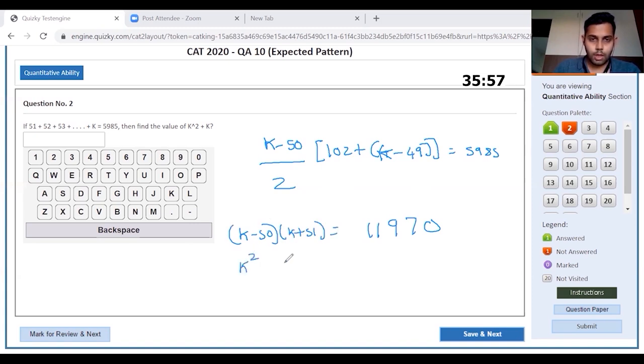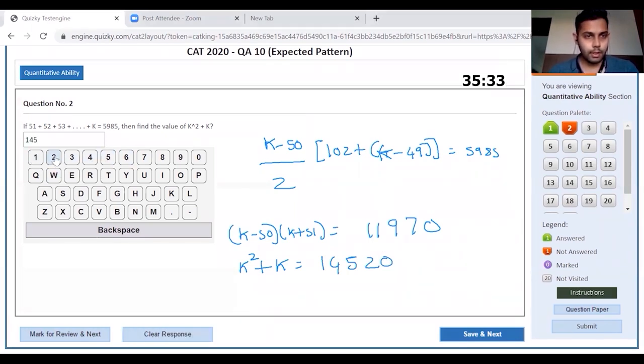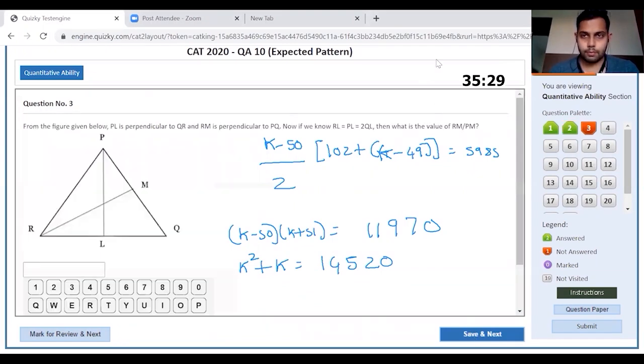So K square plus K will be 50, 2,500 plus 50. So total comes down to 14,520. Okay. So it should be 1,4,5,2,0. Done.